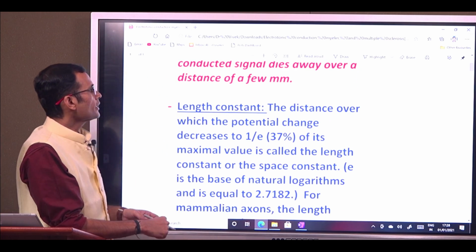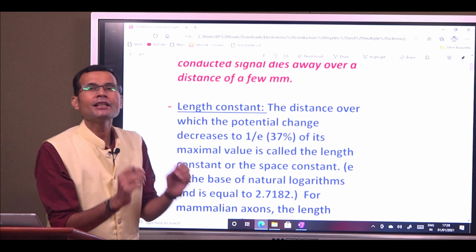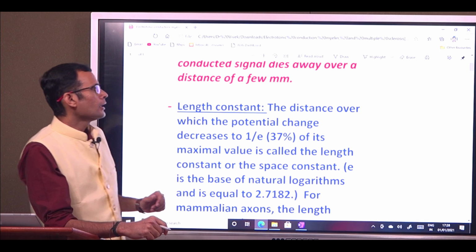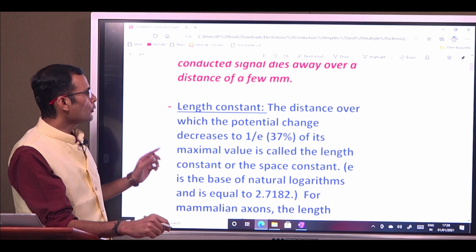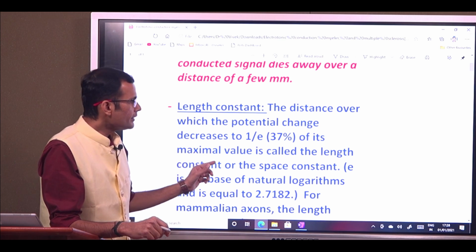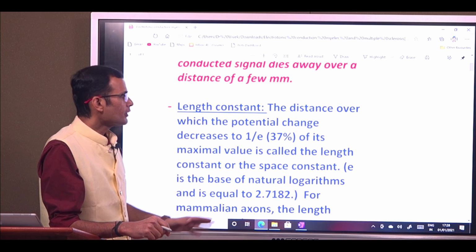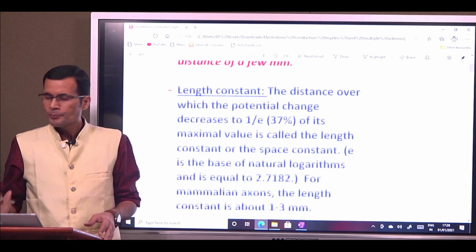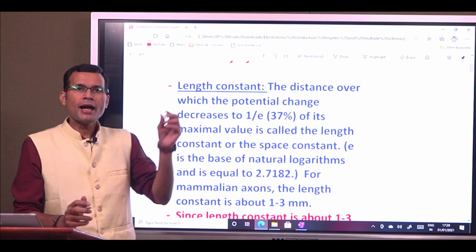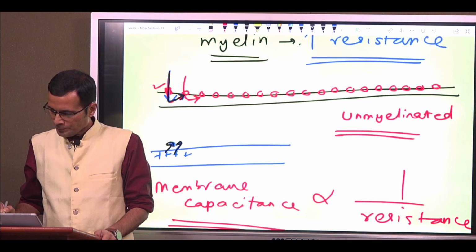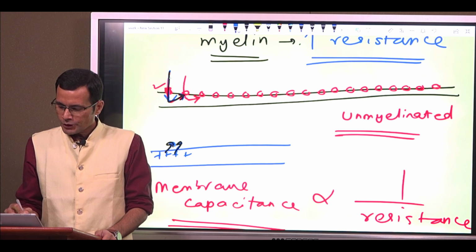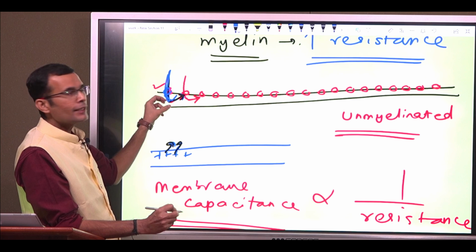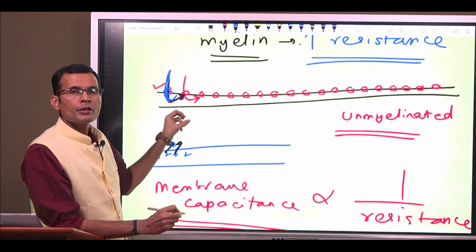In that context, we have a definition, the length constant, also called the space constant. The distance over which the potential change decreases to 1/e, or 37% of its maximal value. I mean, it was stimulated at one point and the charges have entered completely through that first point.